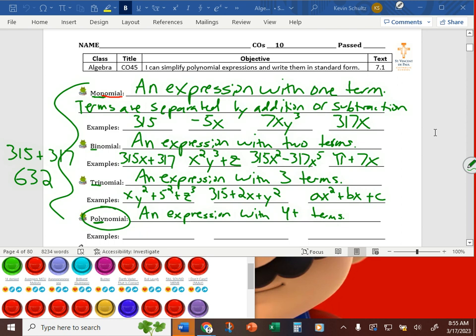An expression with 4 plus terms, we could do something like m squared plus a cubed minus t to the 4th plus h to the 10th. That is a polynomial, right? Or negative 4x cubed minus 5x squared plus 2x minus 1 is a polynomial. You can write your own if you want.